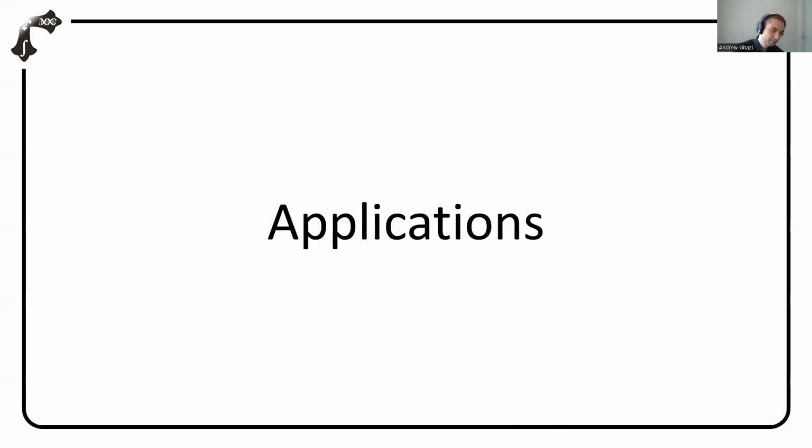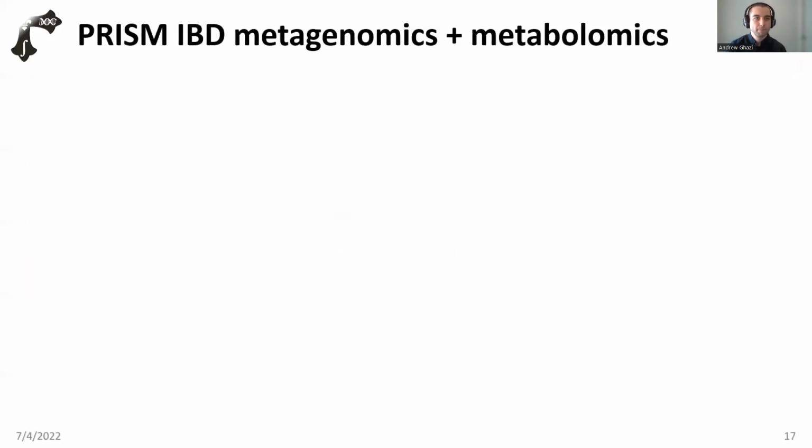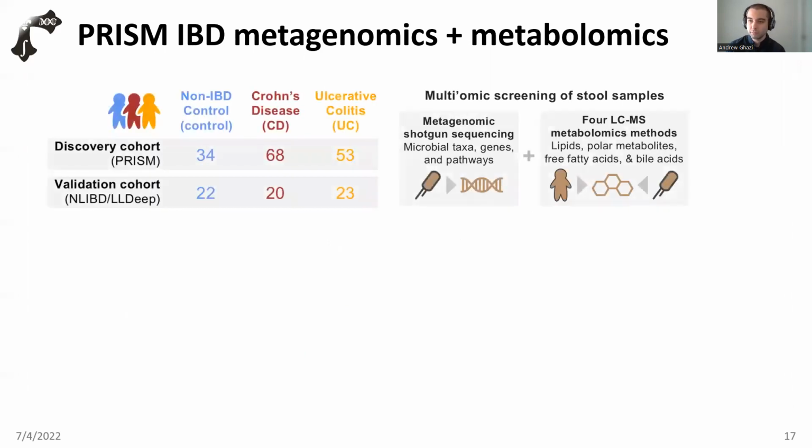We also applied HAllA to some real data sets as part of our other projects in the lab. So we applied HAllA to data from the PRISM study, where it's comparing metagenomic abundances of many microbes against metabolite levels.